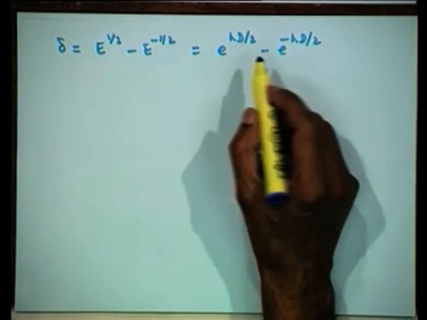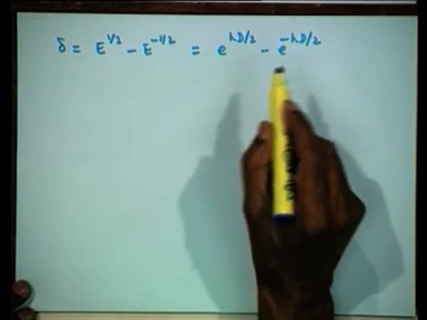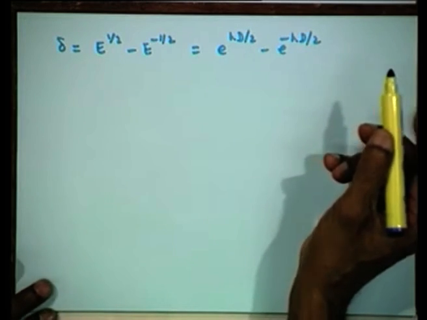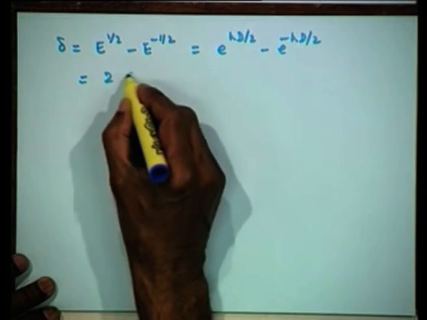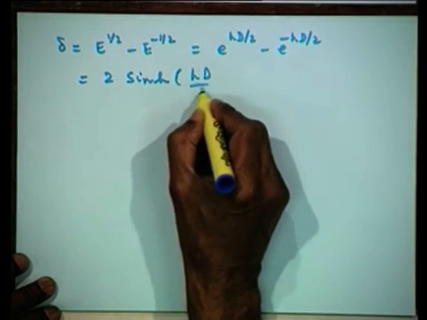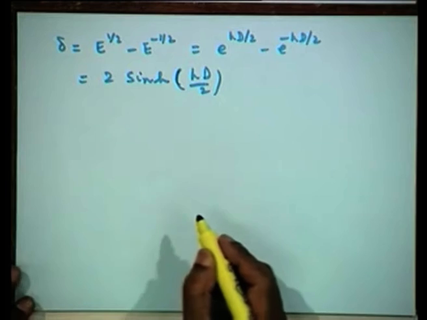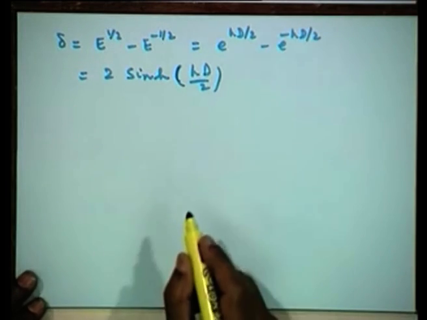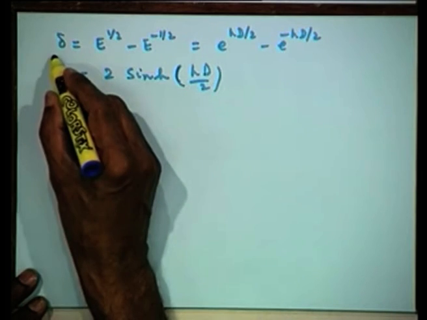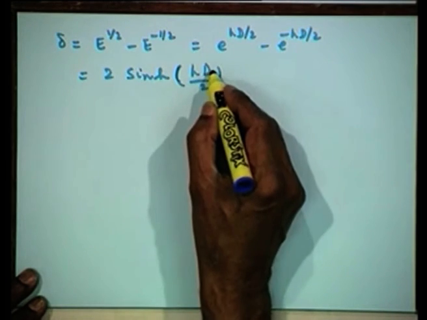Now, this is of the form exponential of x minus exponential of minus x, that is equal to 2 sin hyperbolic x. So, I can write this as 2 times sin hyperbolic h d by 2. Now, I can bring 2 to the left hand side and invert this to find h d.